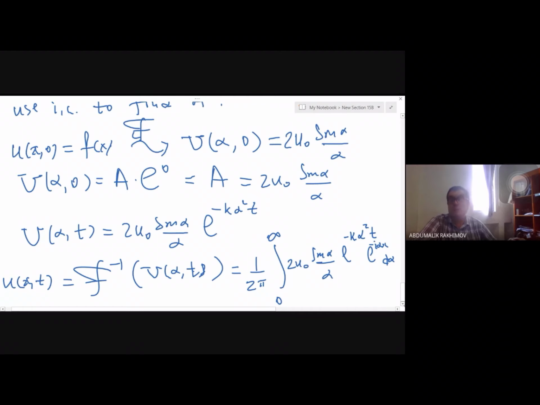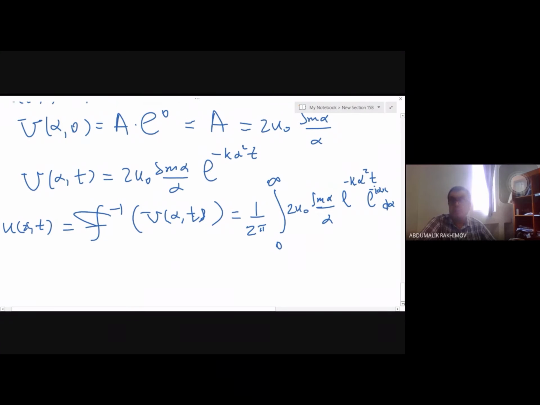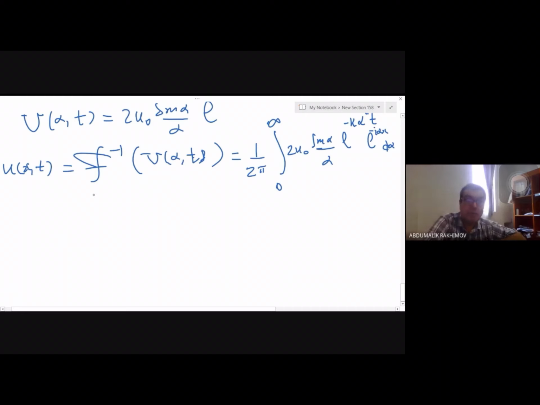This is by the definition of inverse transformation. So this we can write like this: 2 and 2 cancel, u0 over pi integral from 0 to infinity sine alpha over alpha, exponential minus k alpha square t, exponential minus iota alpha x d alpha.